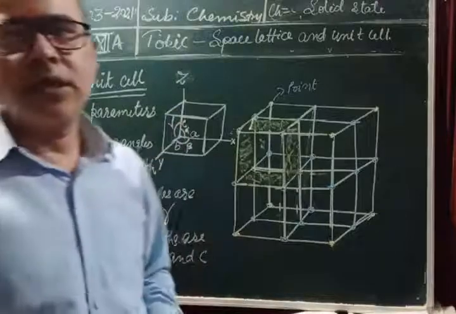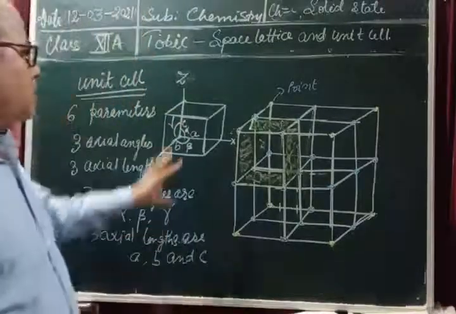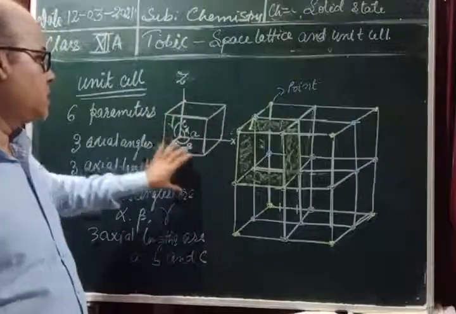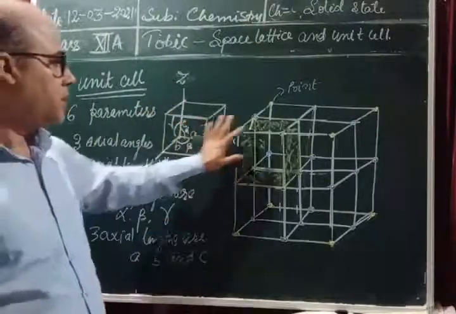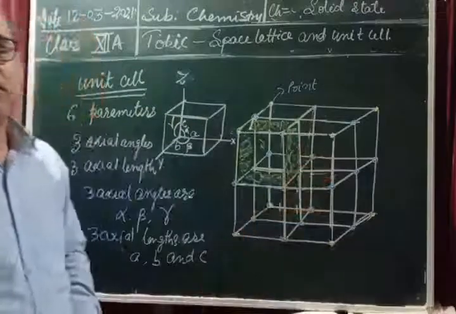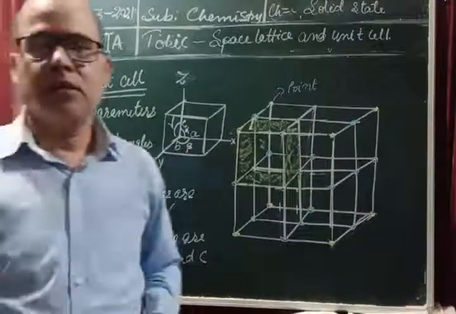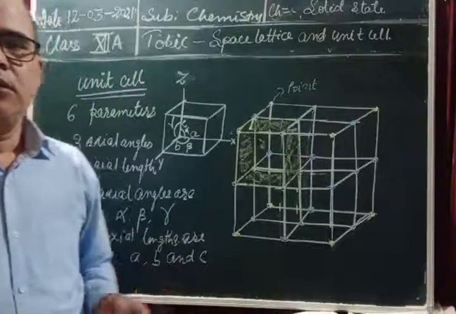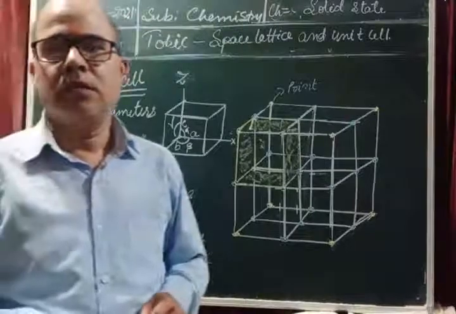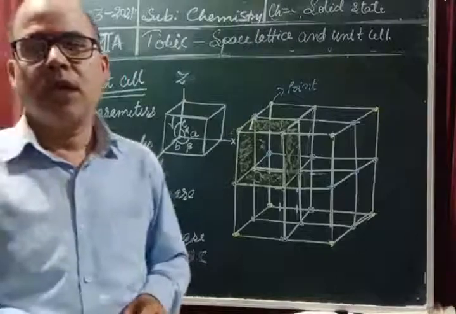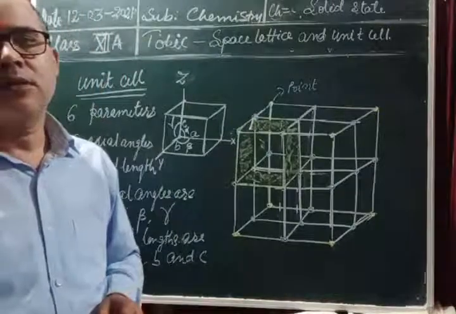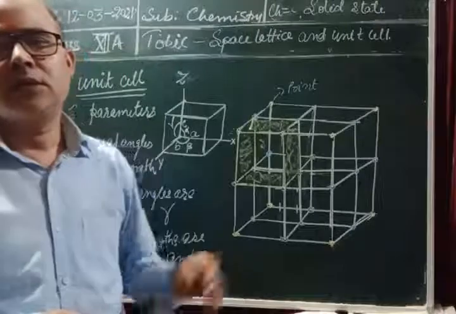Thus, once again I will tell you, there are 6 parameters to measure this unit cell or to measure the type of crystal. In the next topic we will come to know how many types of crystals are found, but all crystal types depend upon the 6 parameters.